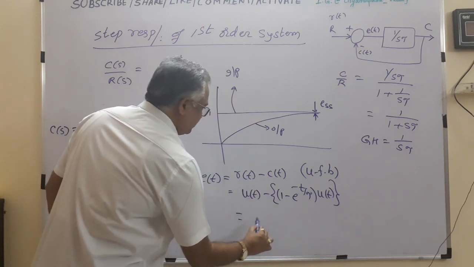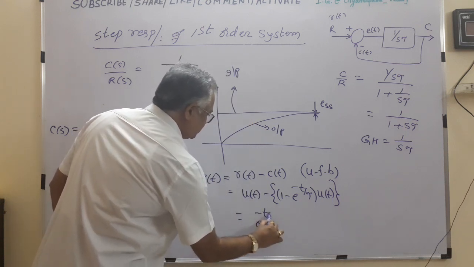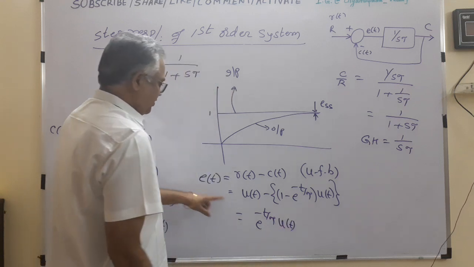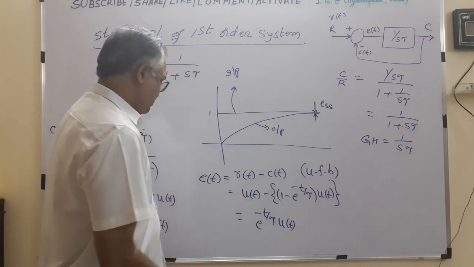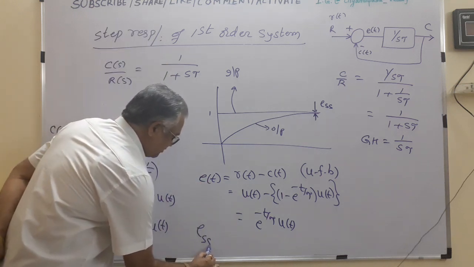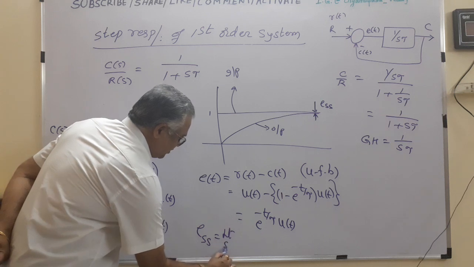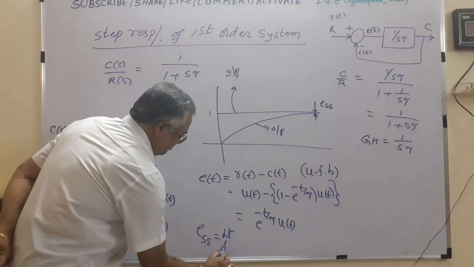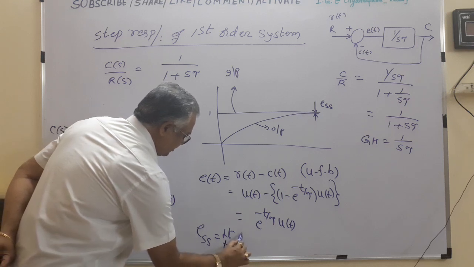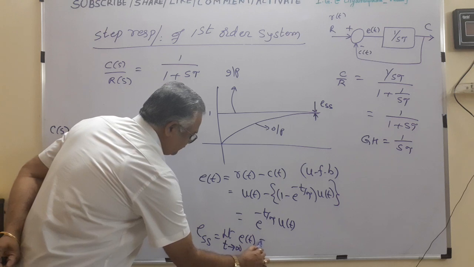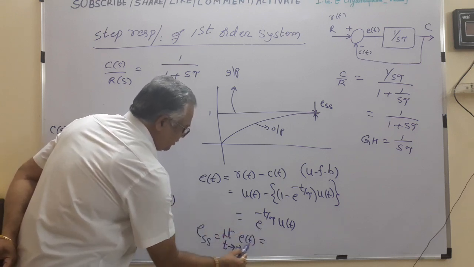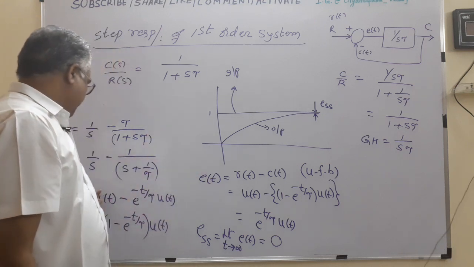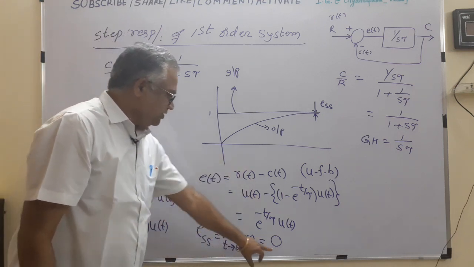So if you simplify, you get e power minus t by tau U of t. This is the error function. But what is steady state error? Steady state error is limit t tends to infinity of e of t. So this e of t at t equal to infinity is what? 0. So in the time domain approach, steady state error is 0.